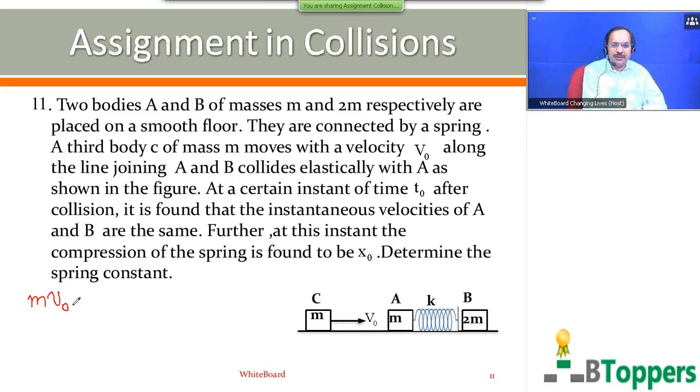That will be the initial momentum of the system. That is equal to the final momentum of the system of the two blocks A and B, equal to mV1 plus, mass of block A is m, plus momentum of block B, we can write 2m into V2. So V0 can be written as V1 plus 2V2.